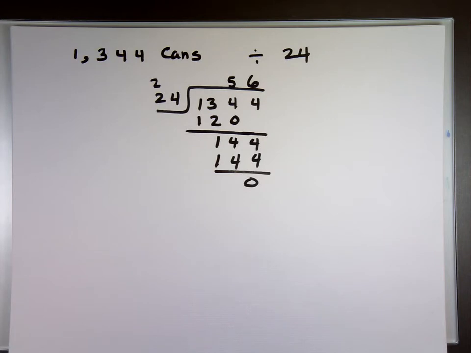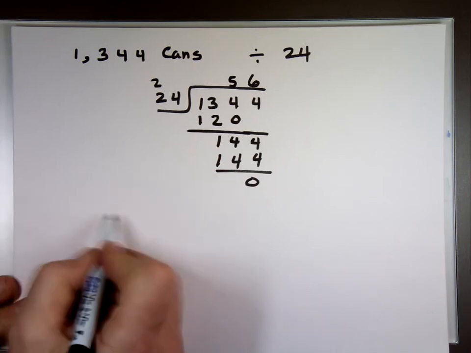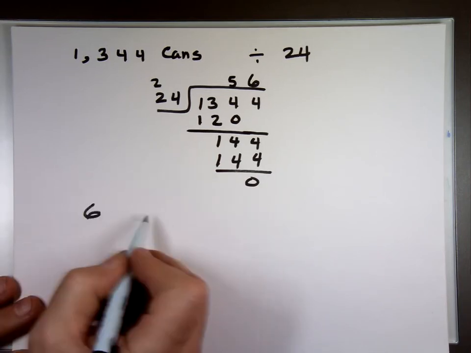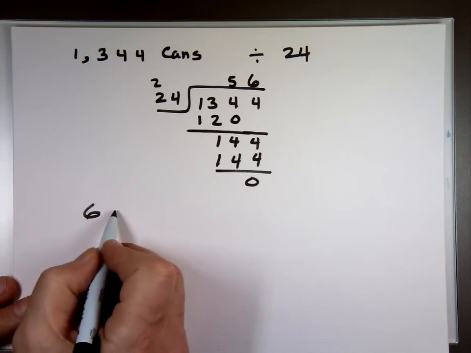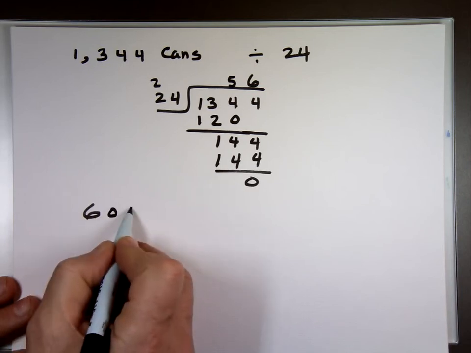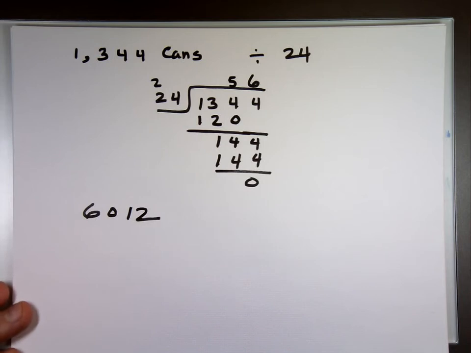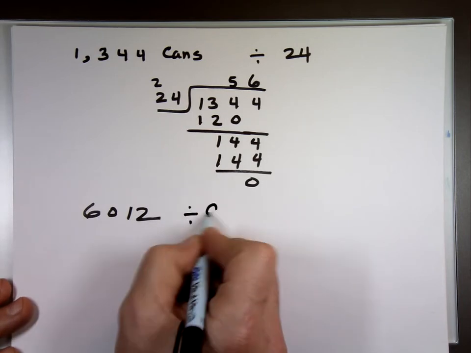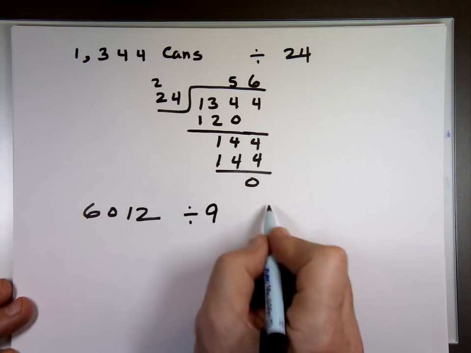Again, you can do estimations sometimes. If the book said, we got this much money, 6012, divided by 9, and the question is estimate.